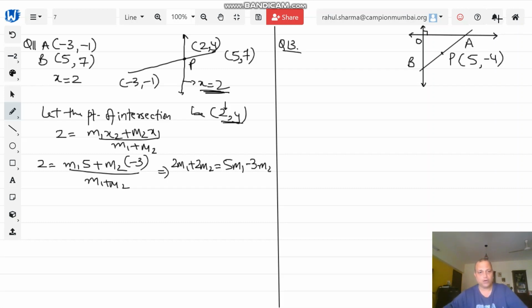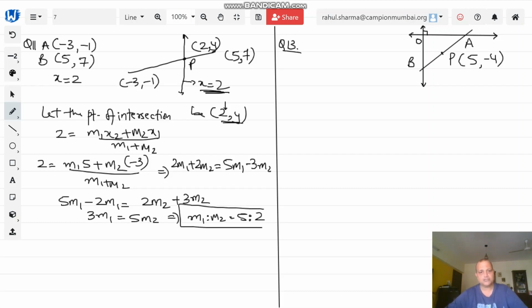Let's take all m1 on one side and all m2 on one side. So this is 5m1 minus 2m1 is equal to 2m2 plus 3m2, which means 3m1 is equal to 5m2, which means m1 is to m2 is equal to 5 is to 3. Perfect. So that's my answer.